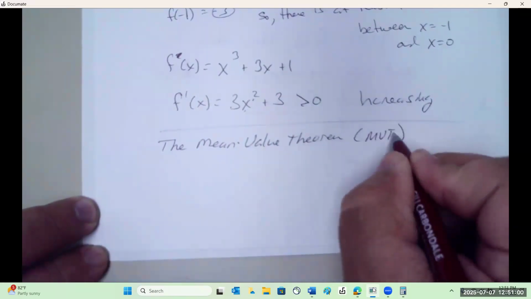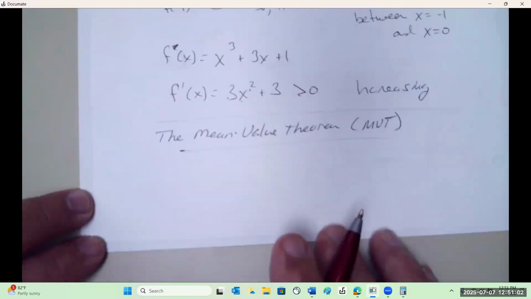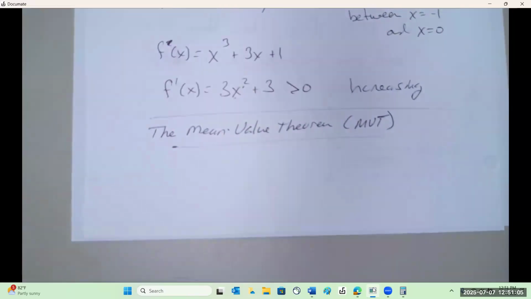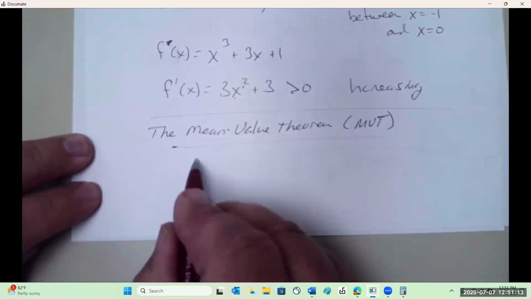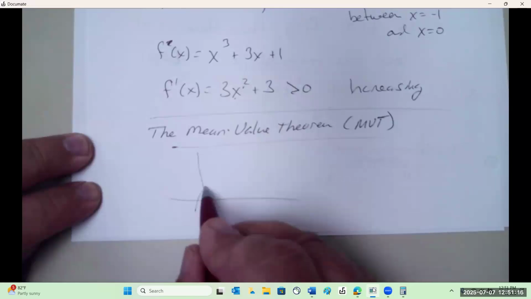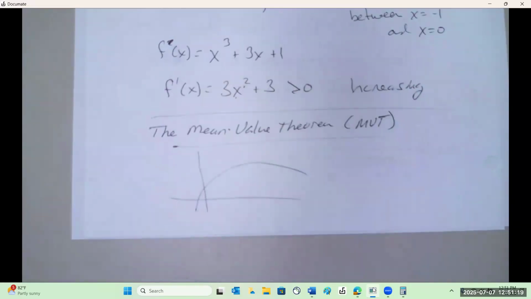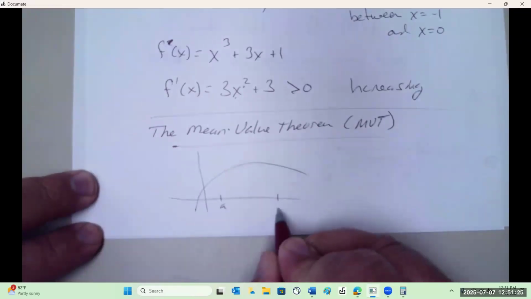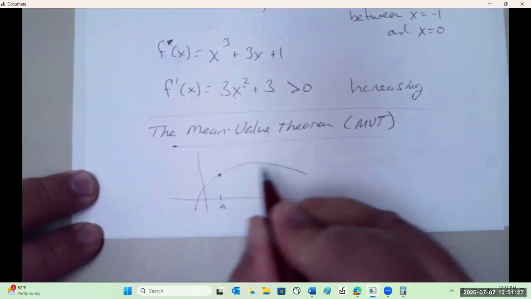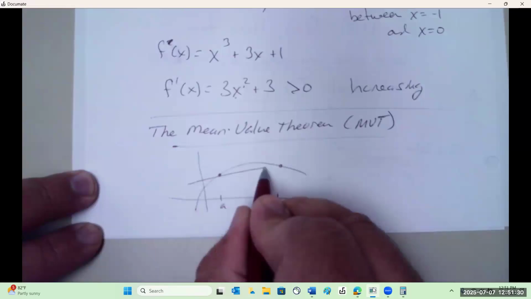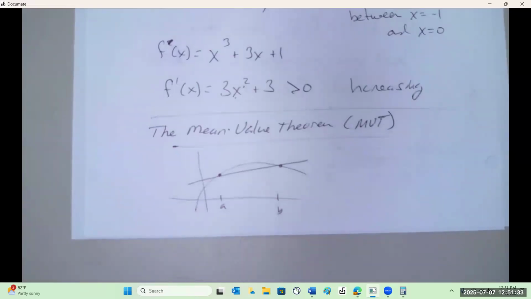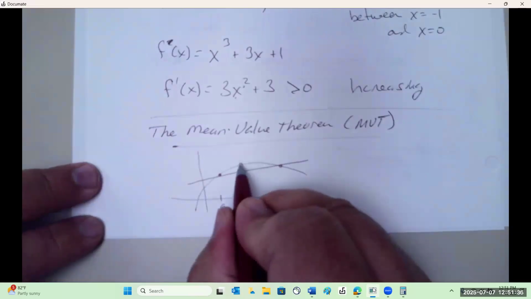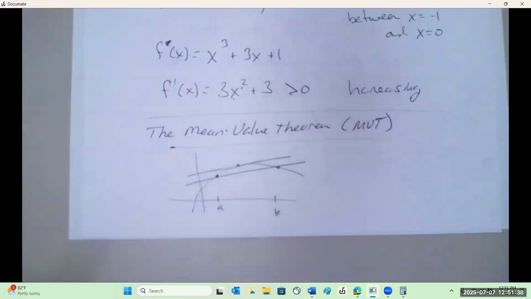The mean value theorem, MVT. What the mean value theorem does for us, given any curve, it guarantees that parallel to any secant line, there is a tangent line parallel to it.